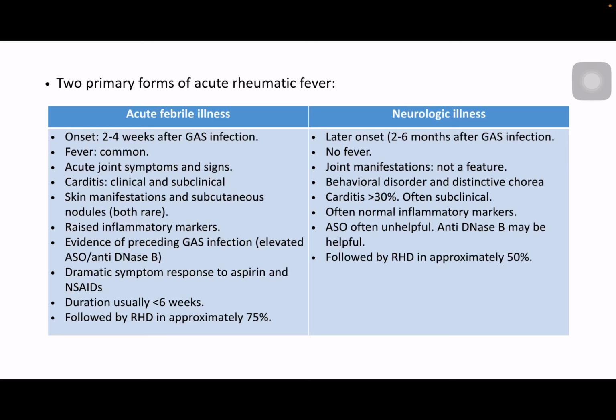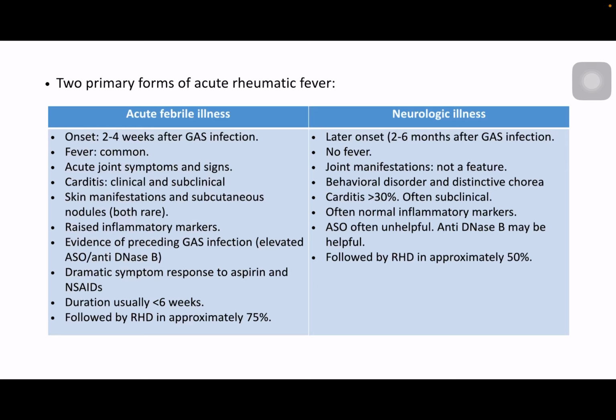ASO and anti-DNase may be helpful in chronic cases, but ASO is an acute phase reaction, so ASO has no role in chronic disease. It's followed by rheumatic heart disease in approximately 50% of patients.